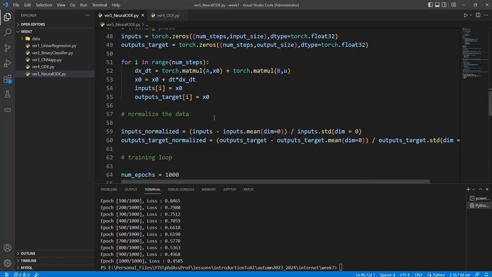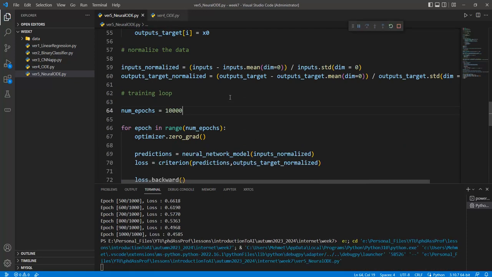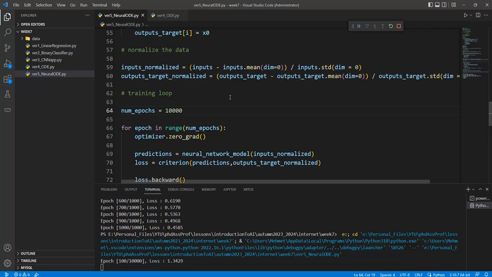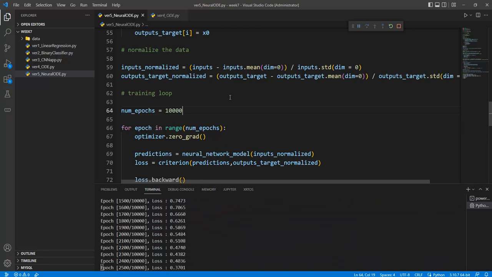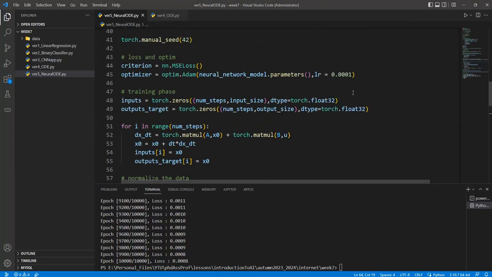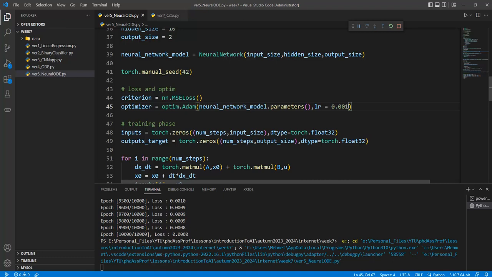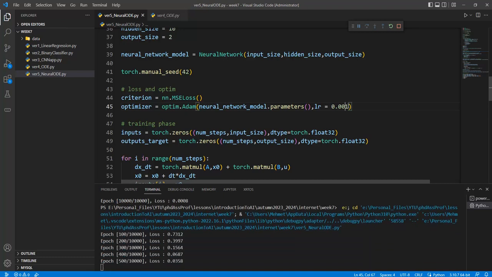But if I increase this term to 10,000, see, it's much better, right? Or we can increase this learning rate in here. This may reach better results.